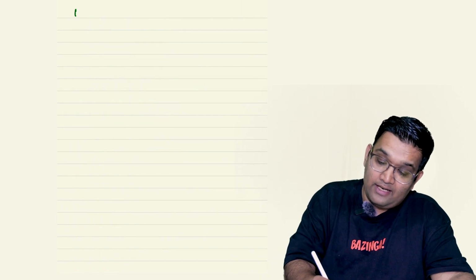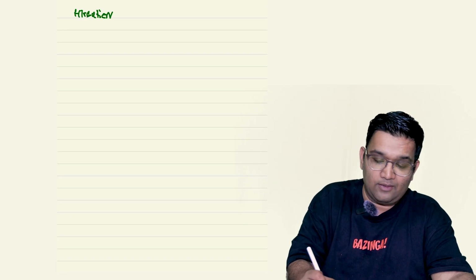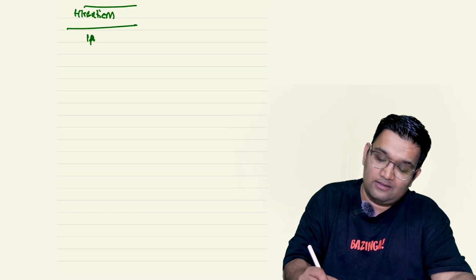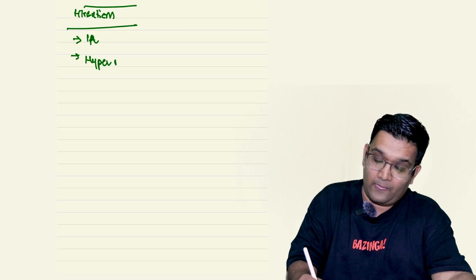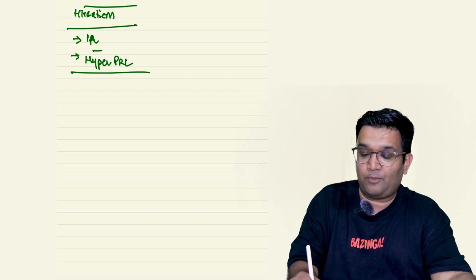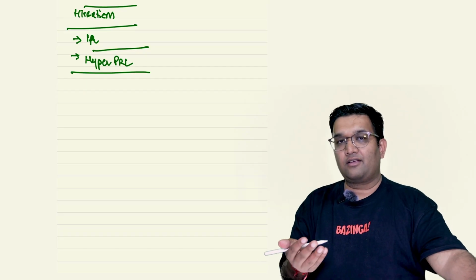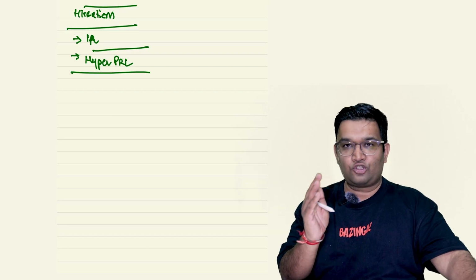But here in hirsutism, there is another problem. One is that there is insulin resistance. The other problem is hyperprolactinemia. So if hyperprolactinemia occurs, this can occur because there can be a mass effect. The mass effect is going to cause the stalk compression.